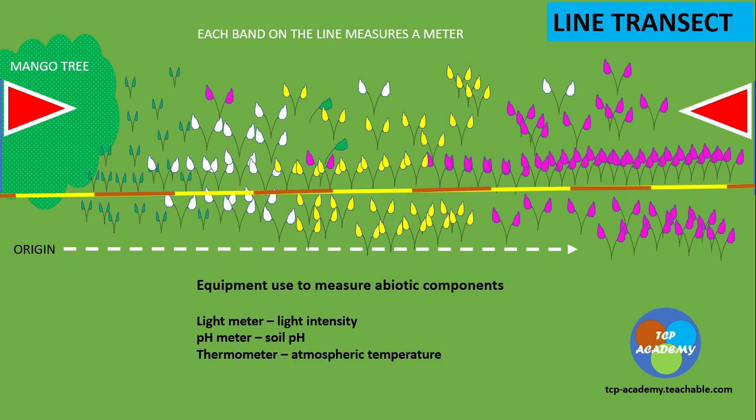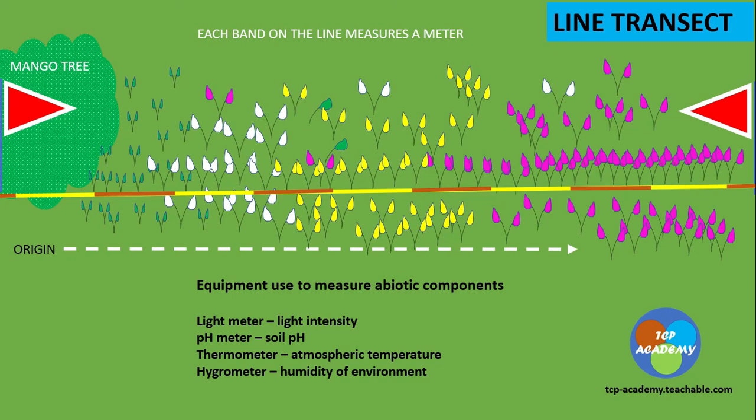We could also use a thermometer to find the temperature of the soil or the temperature of the environment as we go through the zonation or the transition landmass that is sampled. We could also use a hygrometer to look at the humidity of the air. That's the amount of water vapor present in the air.